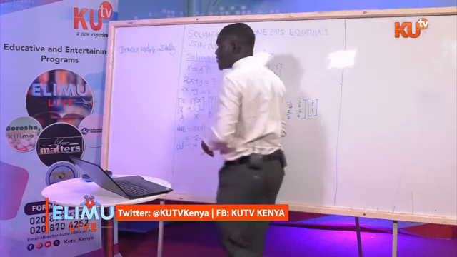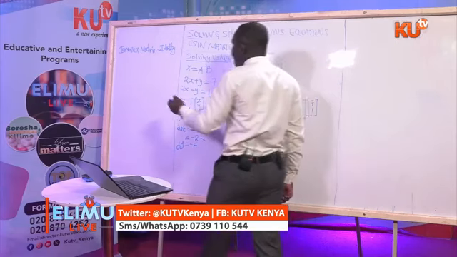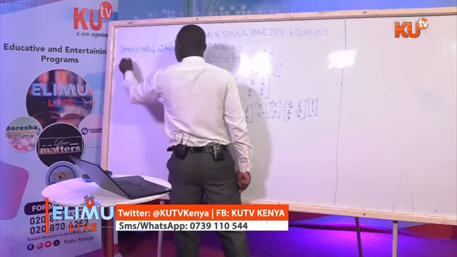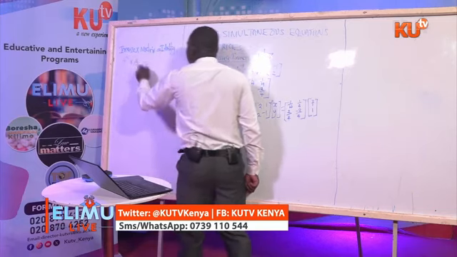Don't forget that. Okay? So what do I mean? If I take the inverse of the matrix, which is A inverse, I multiply it by the matrix A, I'm going to get an identity matrix.